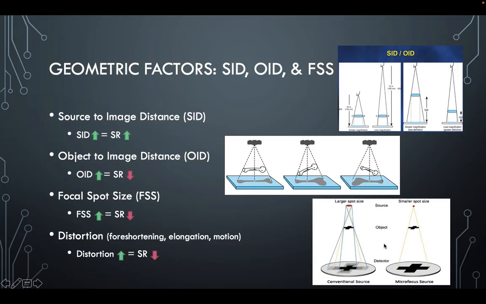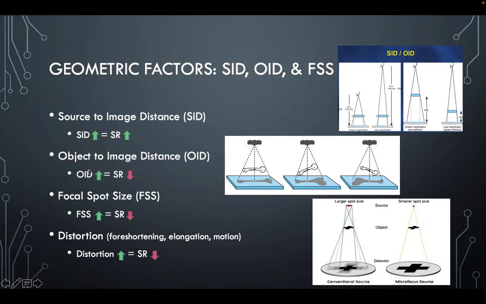Here is my line focus principle, so relating to my focal spot size, as I was talking about in the last slide. So source to image distance, as SID increases, my spatial resolution is going to increase. So as my tube gets further away from my image detector, the better my spatial resolution is going to be.